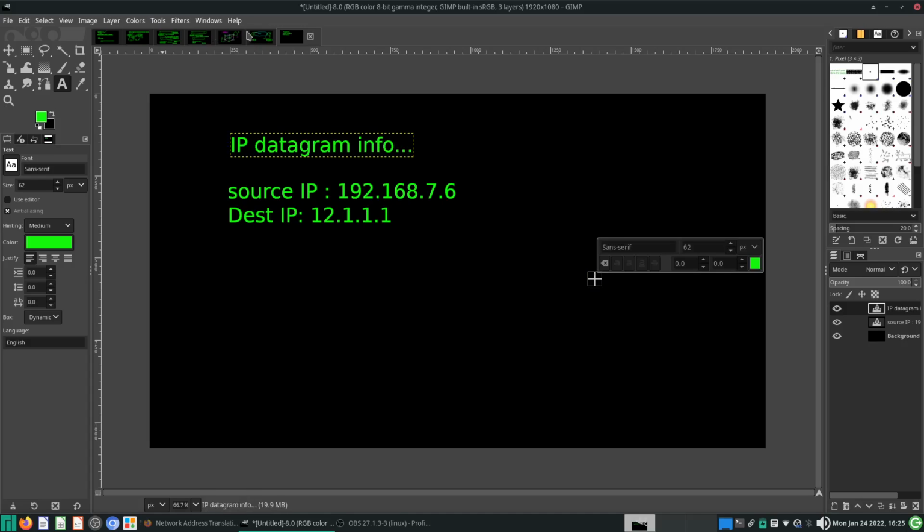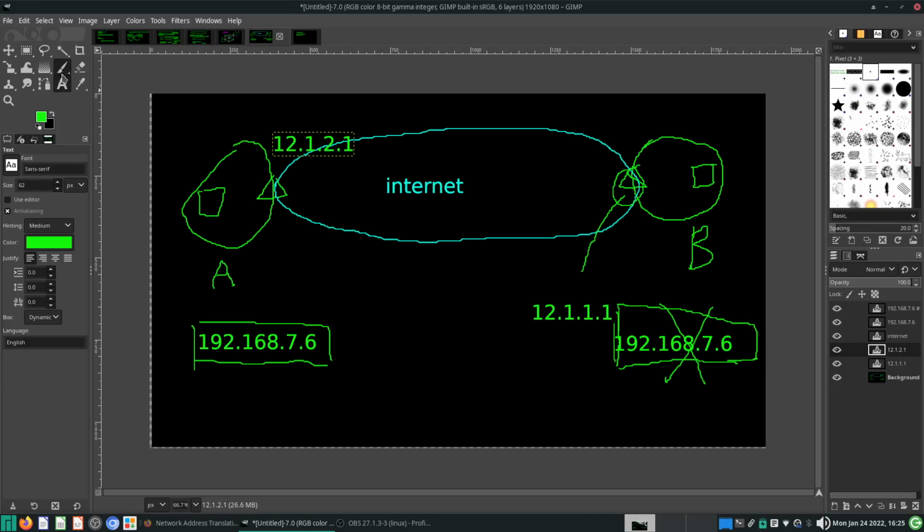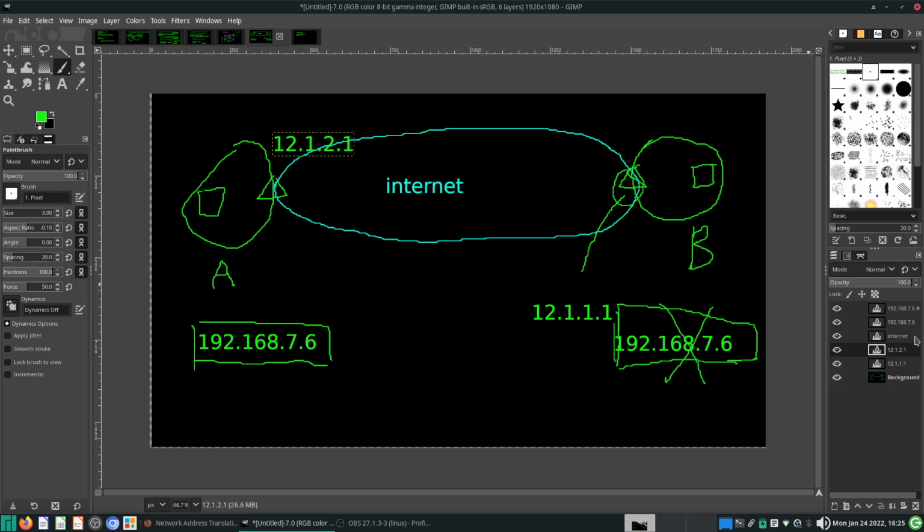So that's what we are doing here. The source is this, the destination is this. Picture this with me for a while. The IP datagram will be sent from this address to this address, and along all the routers on the way there will be changes to the Ethernet MAC address.